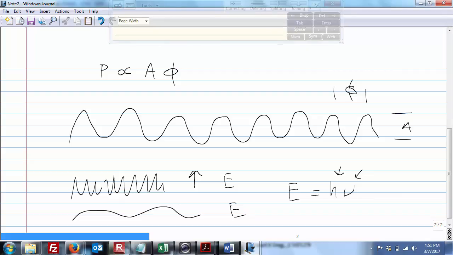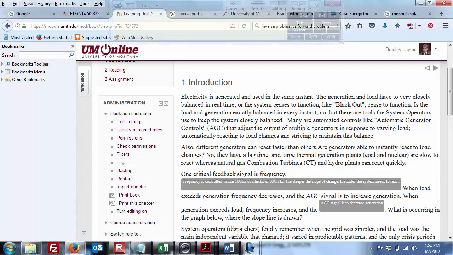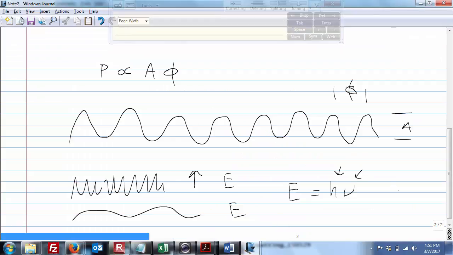The power engineer just left the building. But the analogy I'm making here is that when load exceeds generation, the frequency drops.